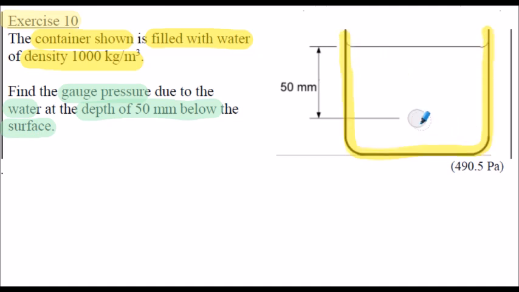Here's the position 50 millimeters below the surface of the water. Remember from our previous work that the pressure distribution varies linearly from the free surface as the depth of the fluid increases. So I'd encourage you now to stop the presentation and attempt exercise 10. The answer is shown in the bracket here. I'll show you the solution on the following slide.